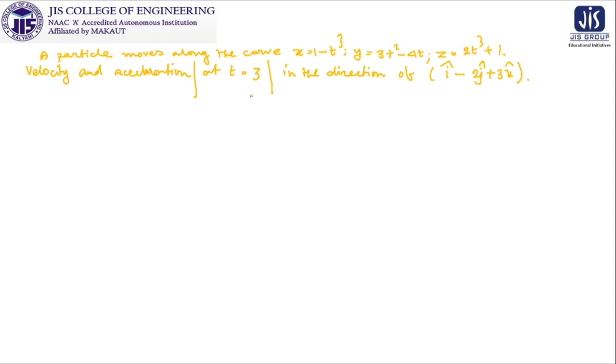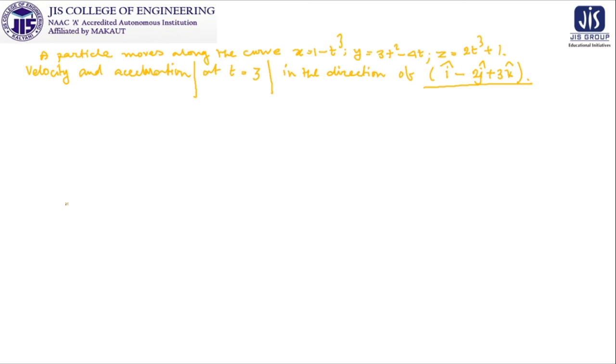You need to find the velocity of that particle in a specified direction which is given to you. So it is a very practical problem which will have the concept and application of directional derivative. Otherwise, it is not possible for you to find the desired result.